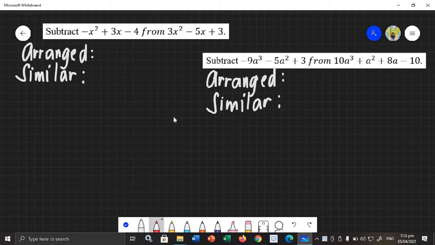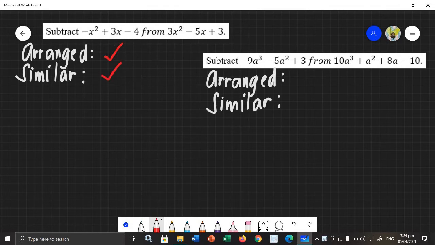Next is we now have our third and fourth examples. So the third example, we will be subtracting negative x squared plus 3x minus 4 from 3x squared minus 5x plus 3. So first, observe muna natin sila if they are already arranged in standard form. So yung minuend, naka-arrange na siya as well as yung subtrahend. So it is already arranged and they have similar terms, no?